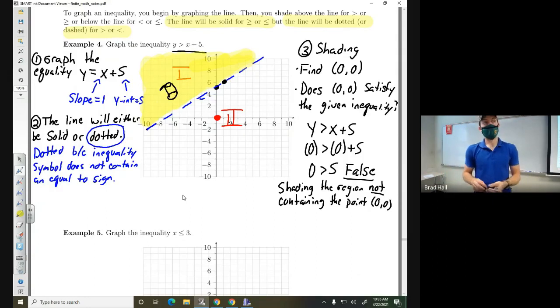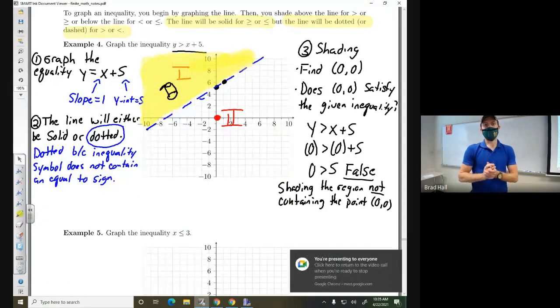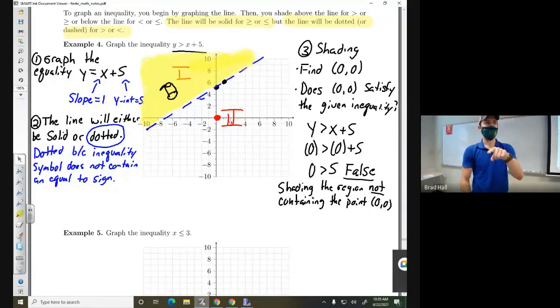But does anyone have any questions before we move on to the next example? We'll look at this a few times. In fact, we only have two sections left, this section and the next one, and we'll be doing this process for the remainder of this class.